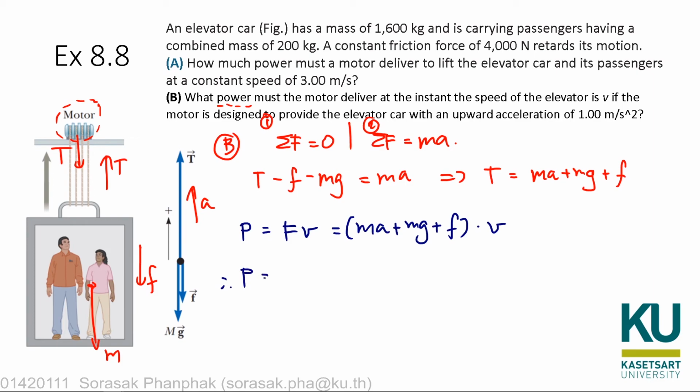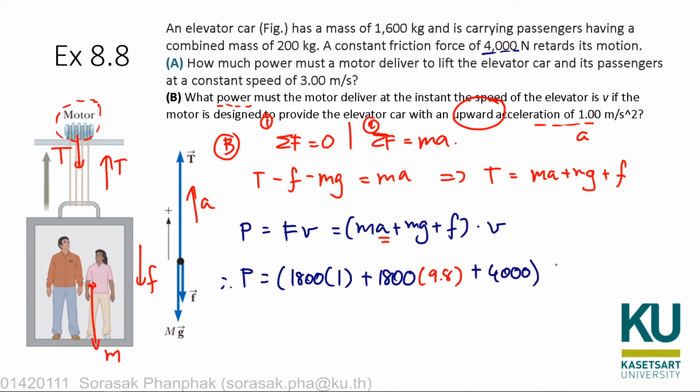Now you have to consider the acceleration in this part. So you have 1800 with acceleration, which is in the upward direction, so it's 1, plus 1800 multiplied with g, 9.8, plus F, which is 4000.